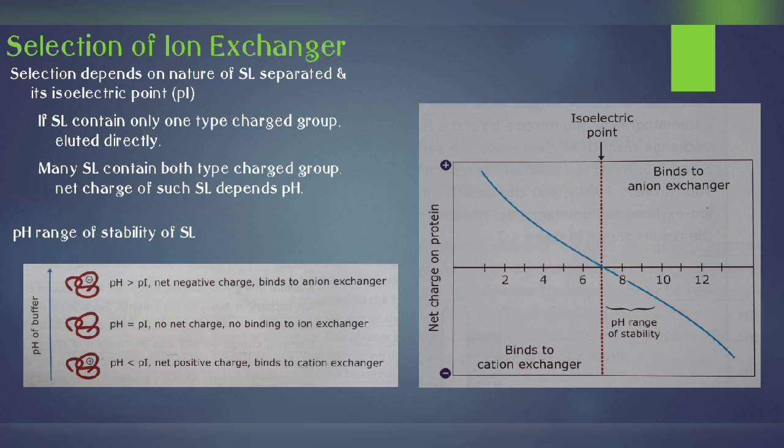That way they can select the ion exchanger. So for every solute two methods of separation are possible, and based on the stability of our solute we can select the type of ion exchanger. This diagram represents above the isoelectric point, where there is a net negative charge and it binds to the anion exchanger. Below the isoelectric point there is a net positive charge, and it binds to the cation exchanger.